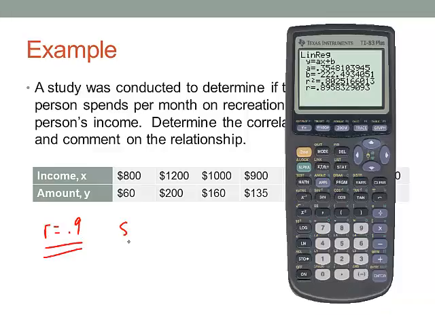So this would be a very strong, right? A strong positive correlation. And I guess we could put the adjective very in there, very strong. Or I guess that's an adverb, right? So a very strong positive correlation between these two, the income and the amount spent on recreation.